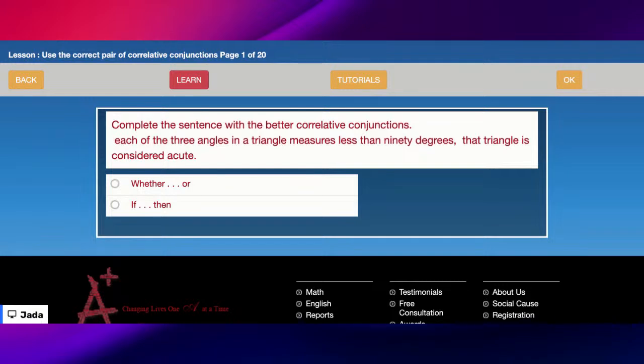No. So this is supposed to be if-then, the condition and the consequences. So it's like saying if each of the three angles in a triangle measures less than 90 degrees. Yes, the second option. Thank you for your answer. So it is if-then. Perfect.